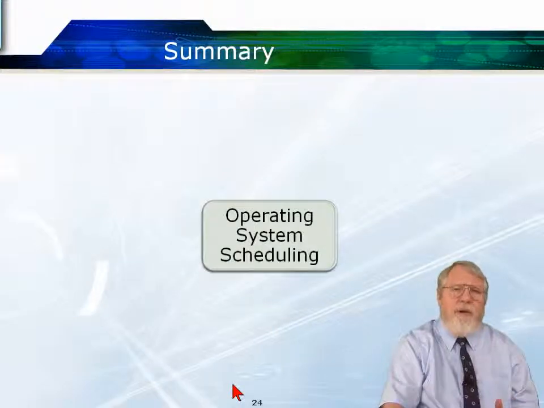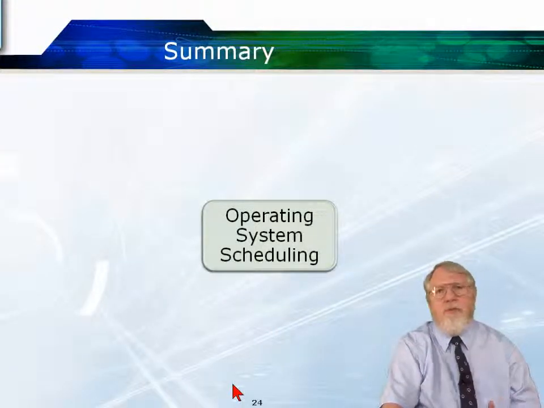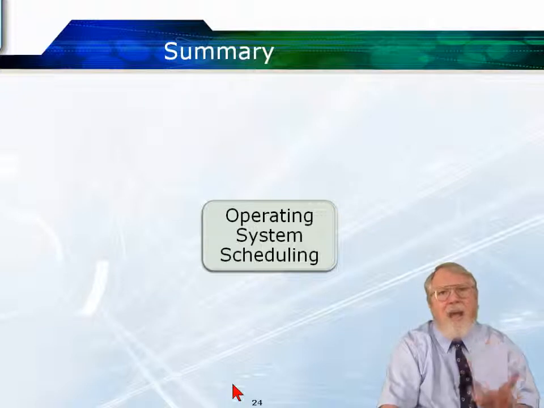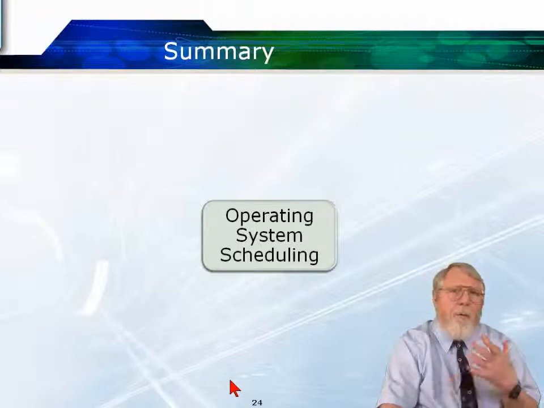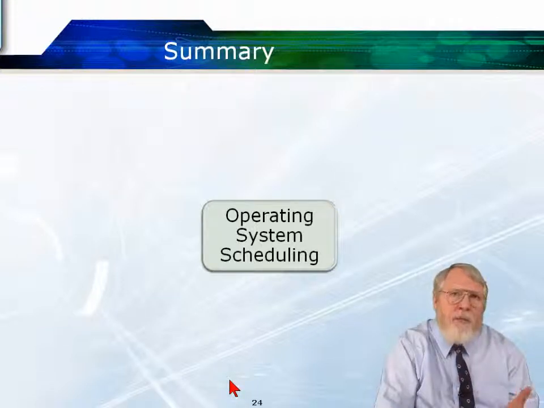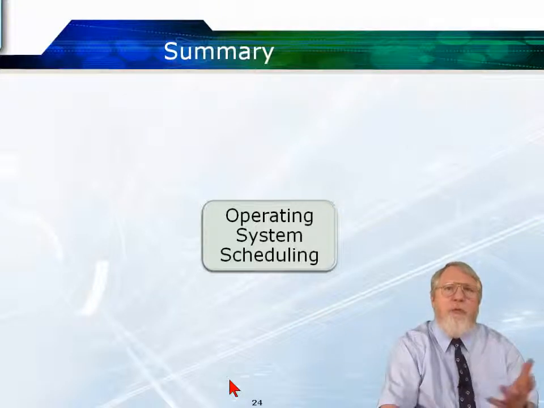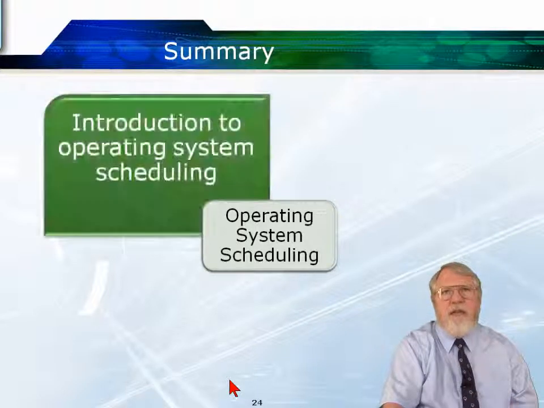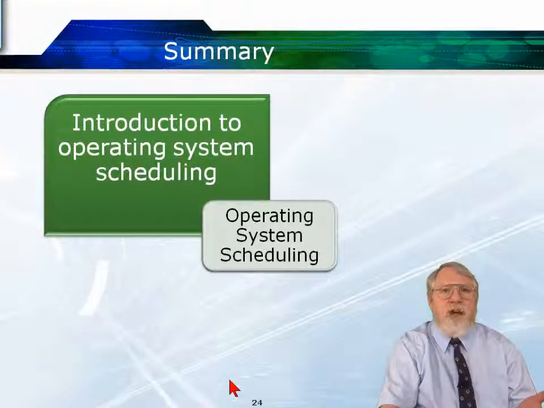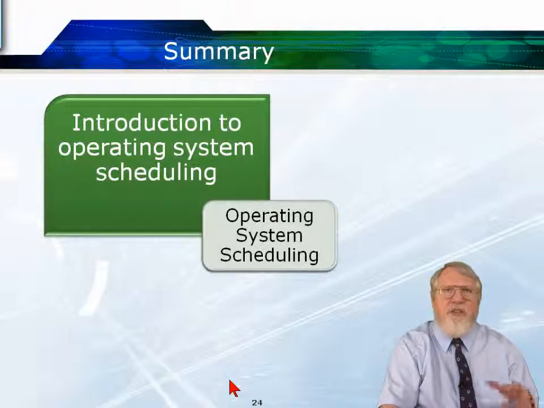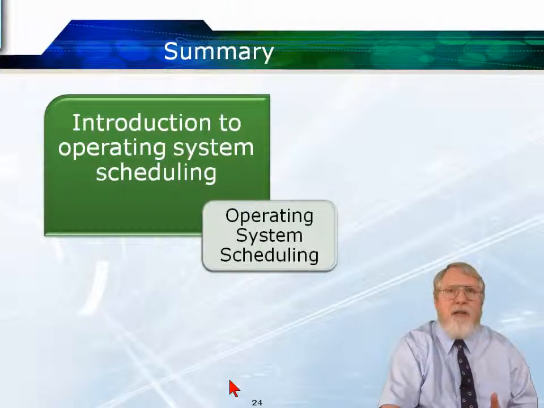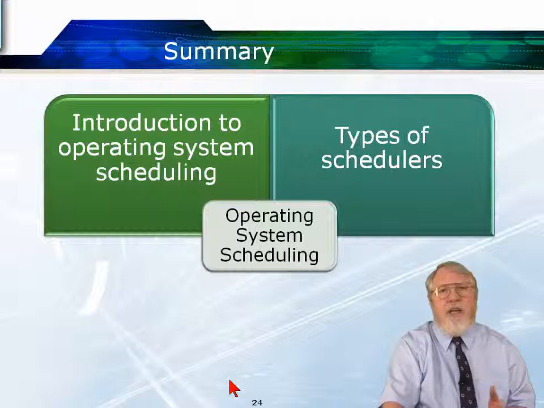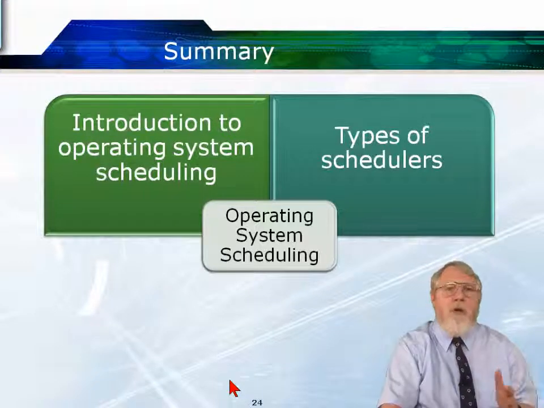So what did we talk about in this module? We looked at operating system scheduling by looking at how the operating system determines what process to run next. How does it select the work to run on a processor? We looked at an introduction to scheduling to see how it applies across all operating systems, and the different types of schedulers to see that there's more than just a few types.